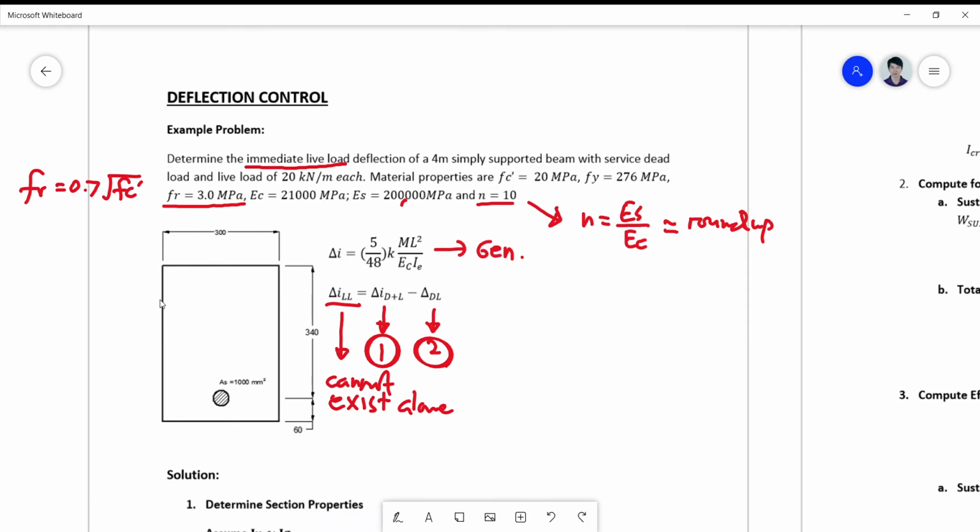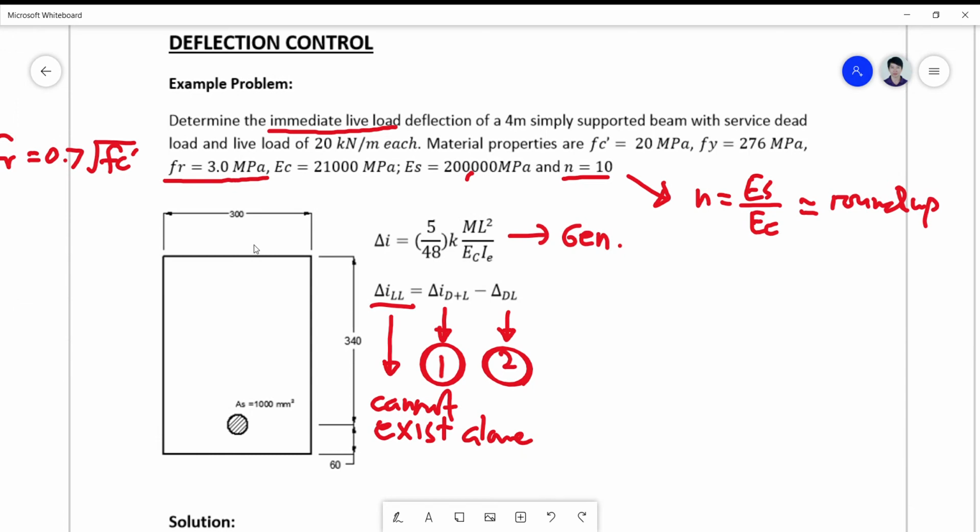Okay, so the beam is rectangular, so the width of the beam is 300 and the effective depth is 340. We have an effective cover of 60 millimeter, so all the units here are actually in mm.